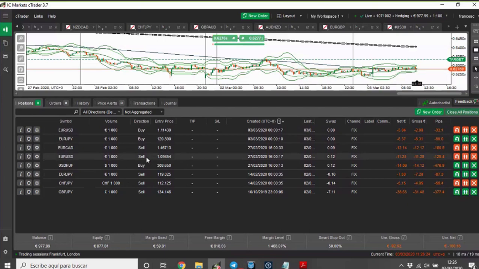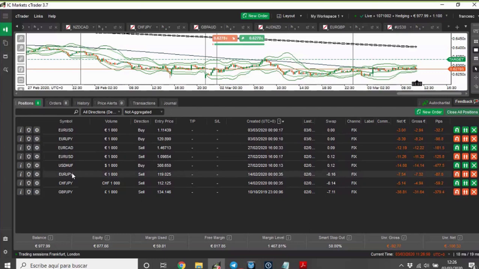So the fluctuations in our euro-based currencies will fluctuate today because we are almost hedged, okay, will fluctuate very little in the overall portfolio, okay? Obviously, these trades have different time windows, time horizons, okay?